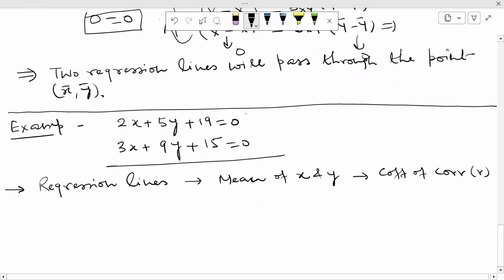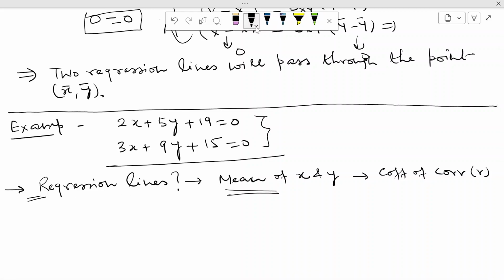Before we proceed, let us begin with this first part. We have to check whether they are regression lines or not.